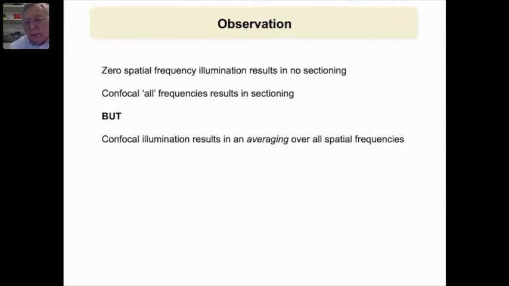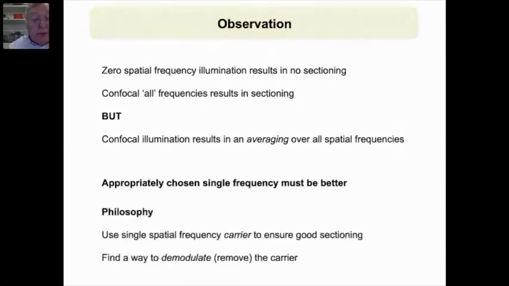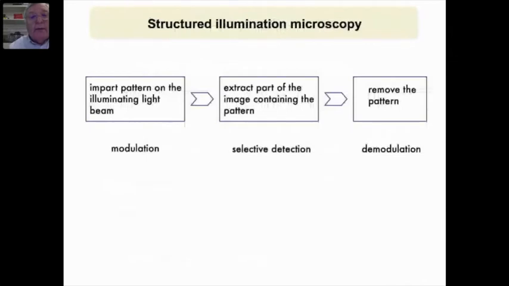I'm not going to go into the mathematics. So if it's an average, it can't be the best. Now, an appropriately chosen spatial frequency, therefore, must be better. So the approach is to use a single spatial frequency carrier to ensure good sectioning, and then find a way to demodulate, or to put it in English, to remove the carrier.